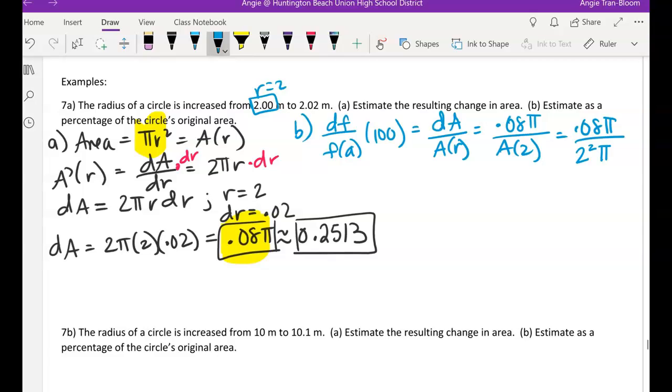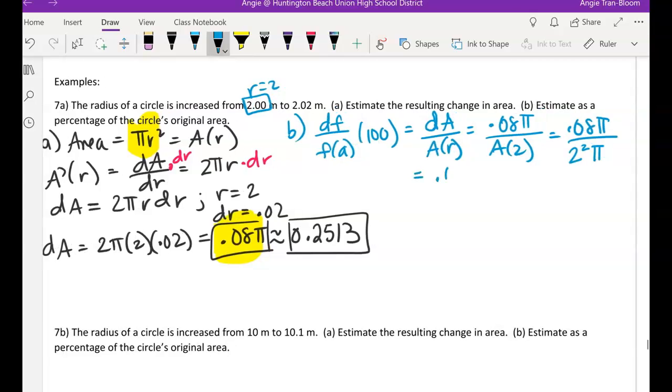So I'm going to have 0.08 over 4, and I do need to multiply by 100 to get a percentage that comes out to be 2%.